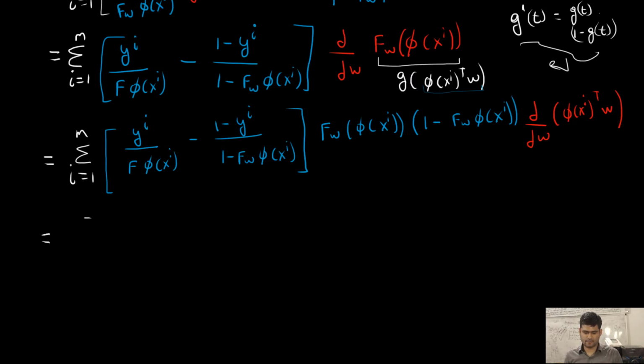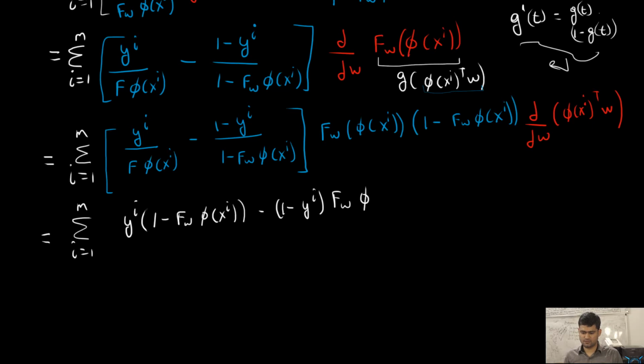So this simply becomes the sum over all i equal to 1 to n of y_i times 1 minus f_w of phi of x_i, minus 1 minus y_i times f_w of phi of x_i, times the derivative of this, which is simply phi of x_i.